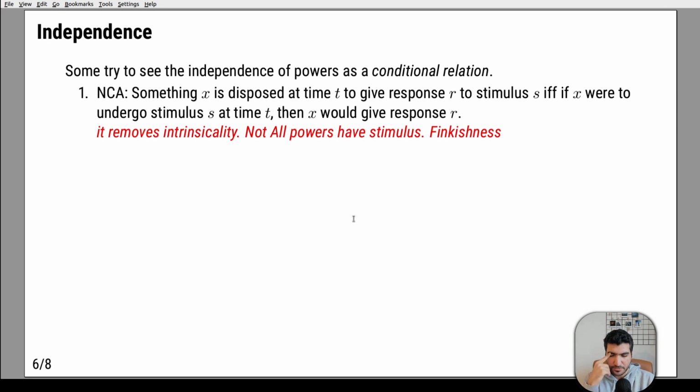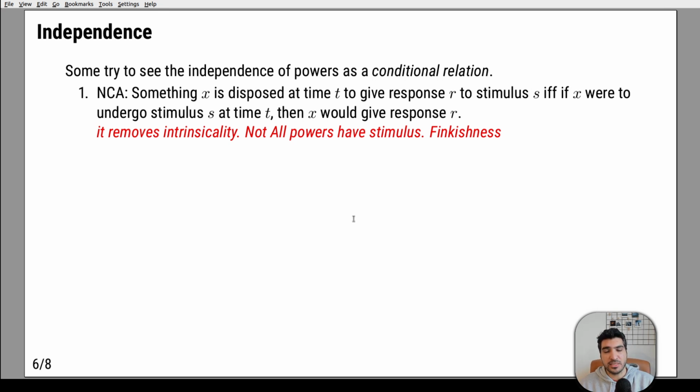Now, finkishness says, suppose that you have that rod and you have that wire and you run the electricity, and at that moment something's attracted. So let's apply this analysis. We have something X, that's metal, and at time t, the stimulus is closing the circuit. If I close a switch, that's the stimulus S, and the response R is attraction of metal particles to that rod.